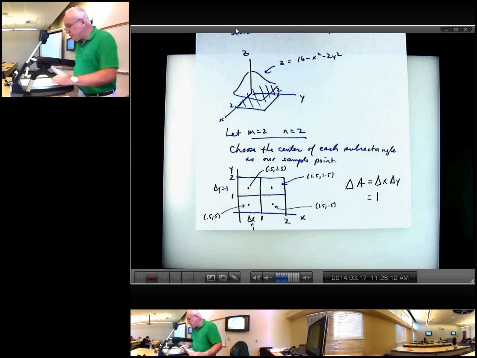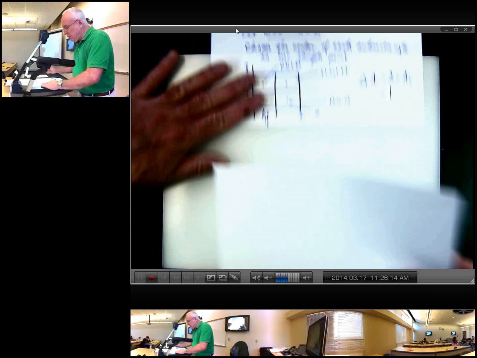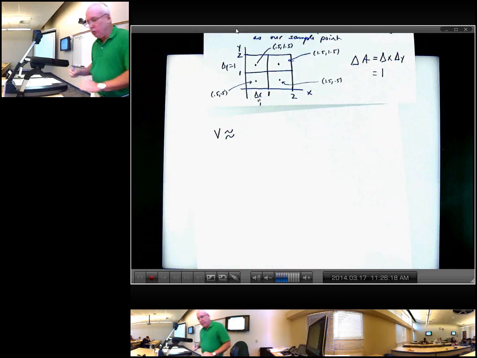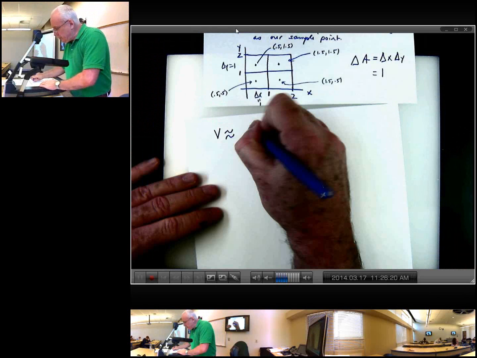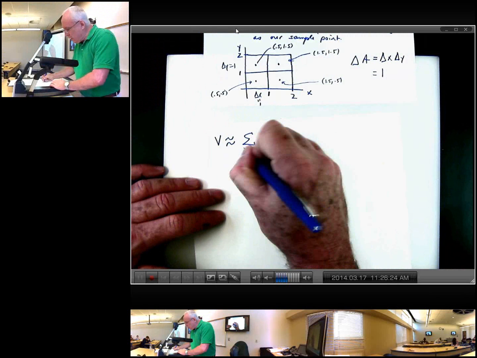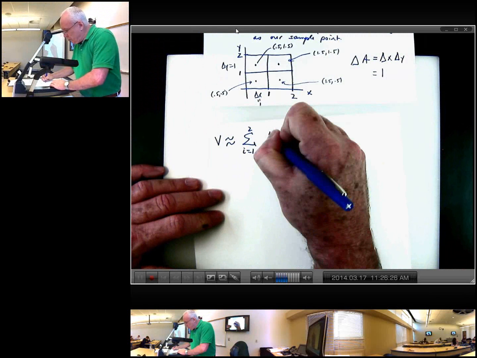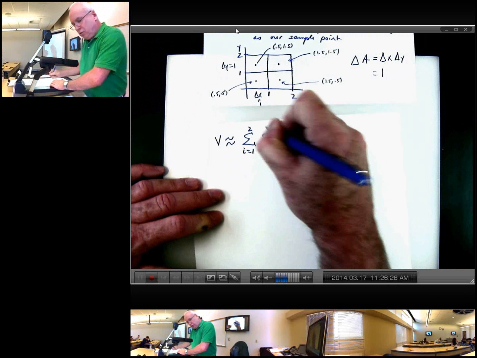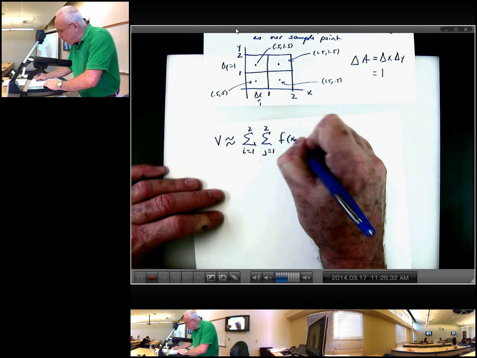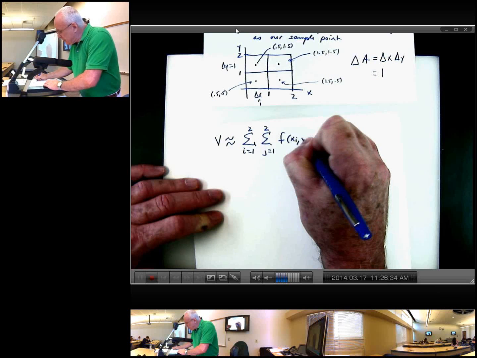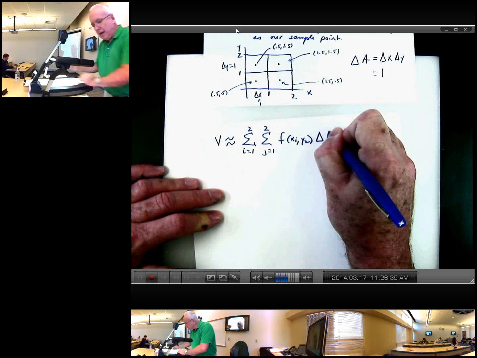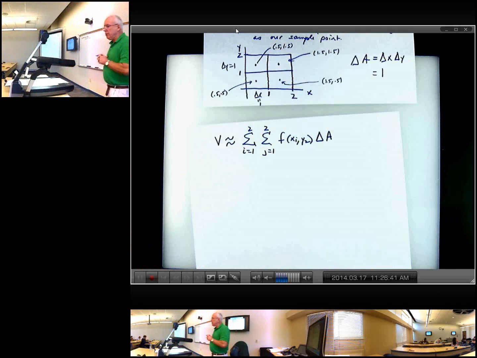Okay, so we just apply that formula here. We're going to say our volume is approximately equal to the summation, summing from i equals 1 to 2, j equals 1 to 2. We're applying our function to each of the sample points, and we're multiplying each one by the delta area.